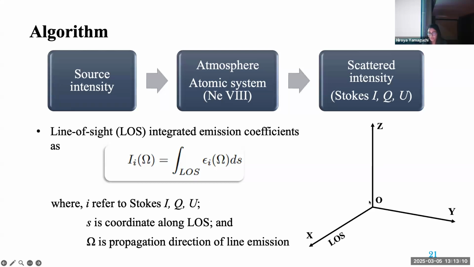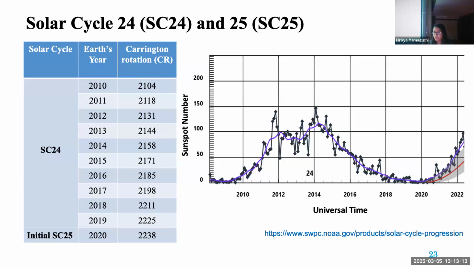In this study, our motive was to study the global change of the polarization across the different phases of the solar cycle. These are the years that we chose, and because our motive was to just see the global change, we chose the corresponding Carrington rotation in the month of December of each of these years. That's why you see a discontinuity in the numbers of the Carrington rotation.